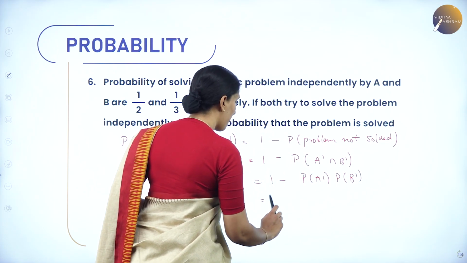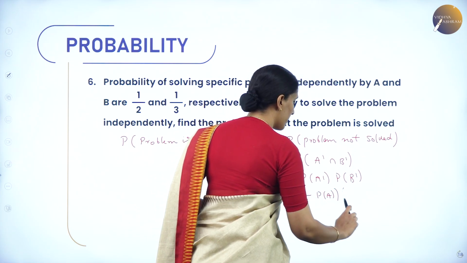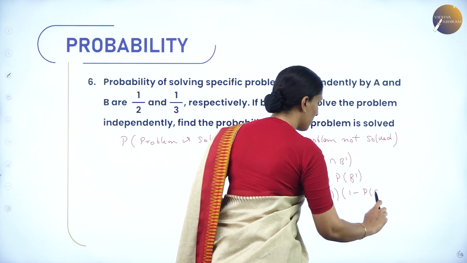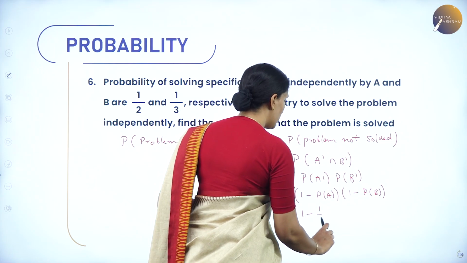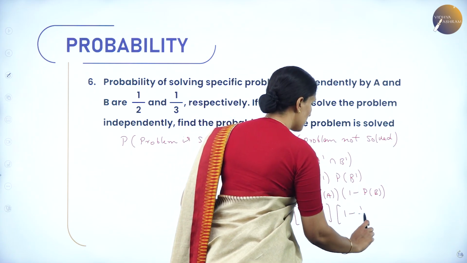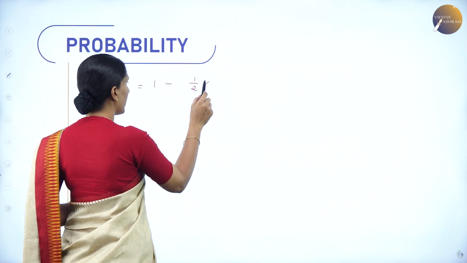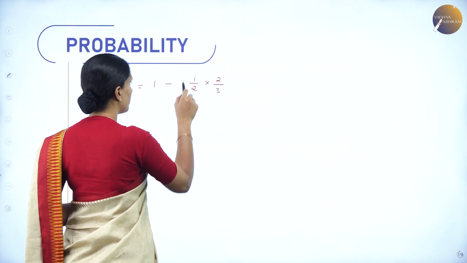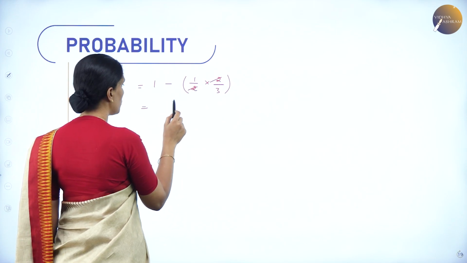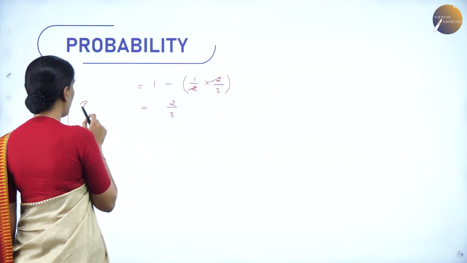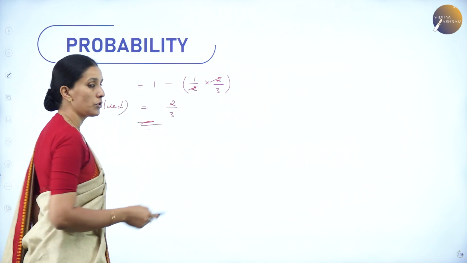Now we know that probability of A dash can be written as 1 minus P of A, and this can be written as 1 minus P of B. So here we have 1 minus 1 by 2, 1 minus 1 by 3. Now that is equal to 1 minus 1 by 2 into 2 by 3. Here the 2 cancels. Again 1 minus 1 by 3 will become 2 by 3. So therefore the probability that the problem is solved is equal to 2 by 3.